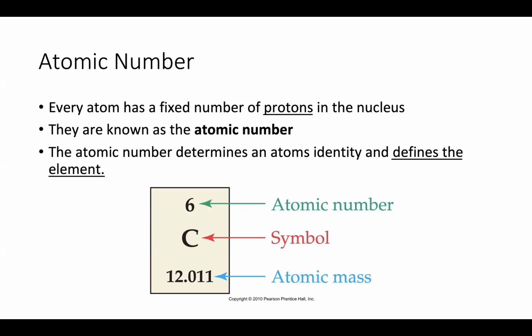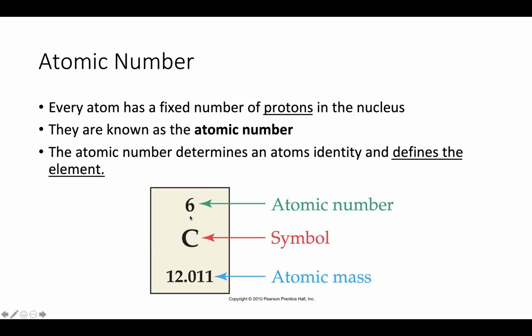All right, and this atomic number, again, just for point of clarity, because there's another number here that you see, the atomic mass, and we'll get to that in a second. The atomic number is always going to be a whole number. Depending on the periodic table that you're looking at, it could be arranged a little bit differently.